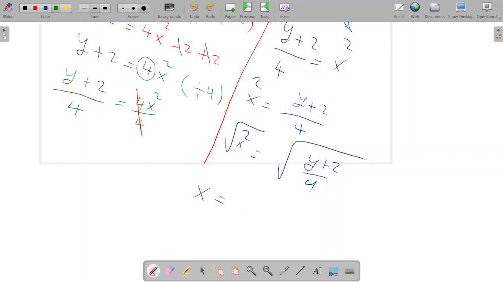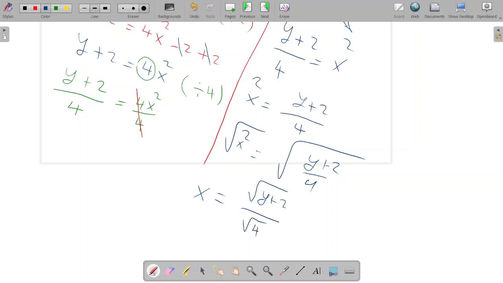I'm going to explain it in another way. It's going to be equal to the square root of (y plus 2), and we are taking the 4 outside because it becomes 2. Remember, I'm going to explain it in another way so you don't get confused. This is similar to saying the square root of (y plus 2) over the square root of 4.